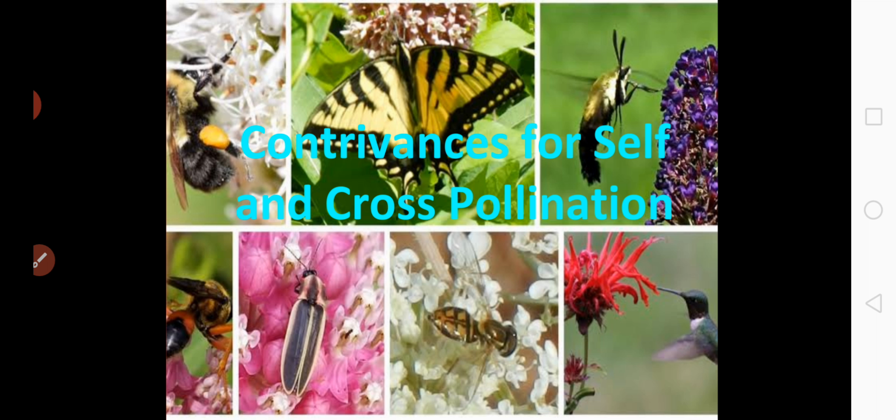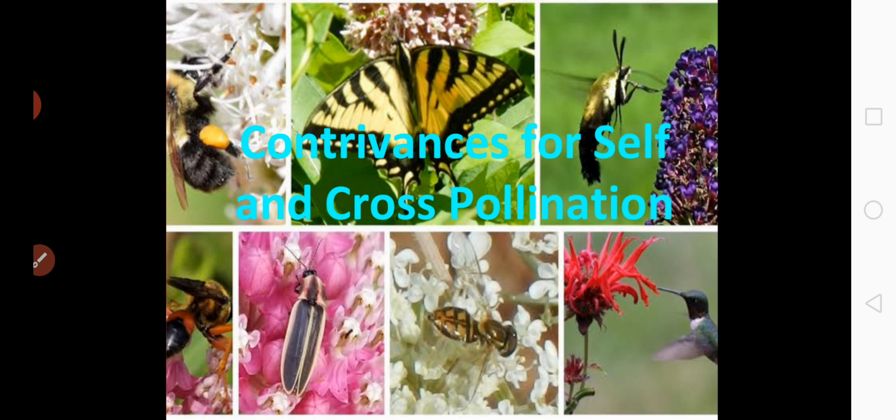Whereas cross-pollination is also called allogamy, and it involves the transfer of pollen grains from the anther to the stigma of two different flowers of the same or different plants. Clear?